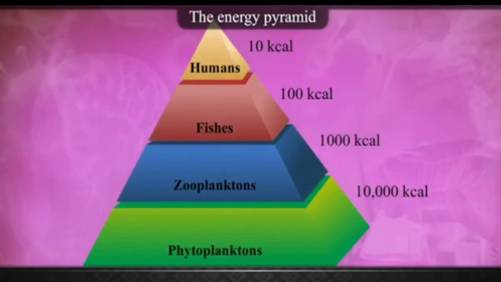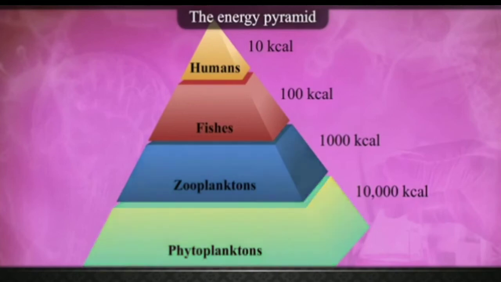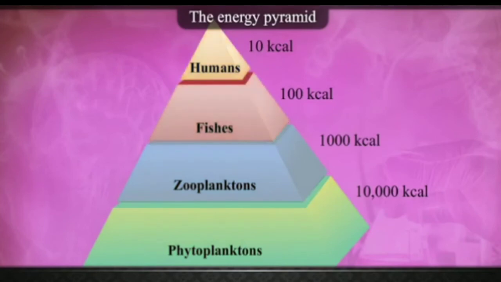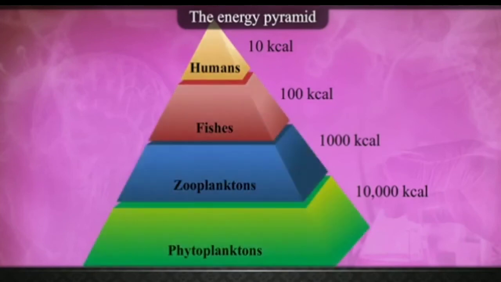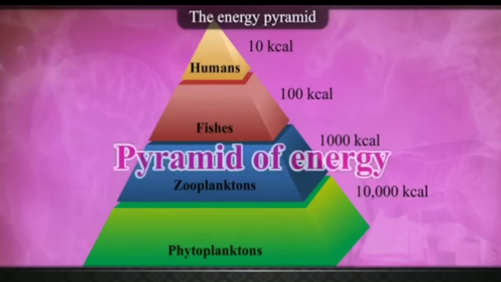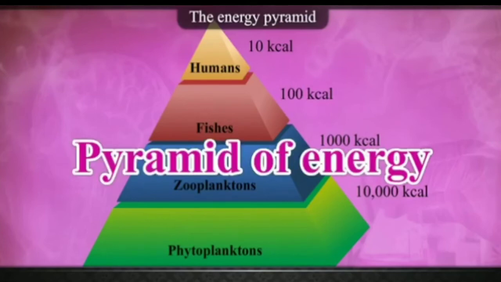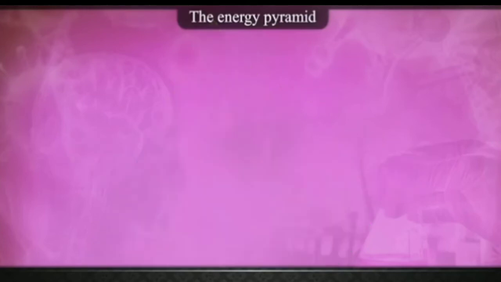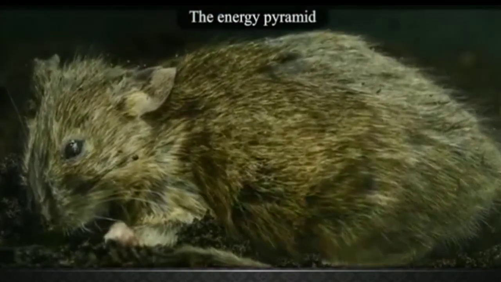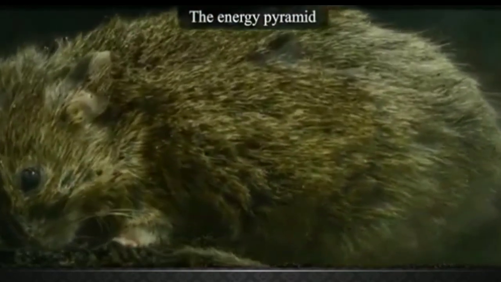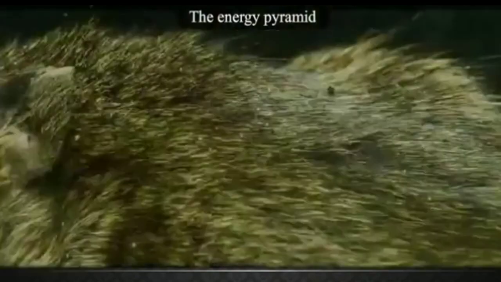Similarly, children, the number of organisms also decreases from the lowest level to the highest level. This pattern of energy exchange in an ecosystem is called a pyramid of energy. Understood, children? After the death of apex consumers, their energy becomes available to the decomposers.